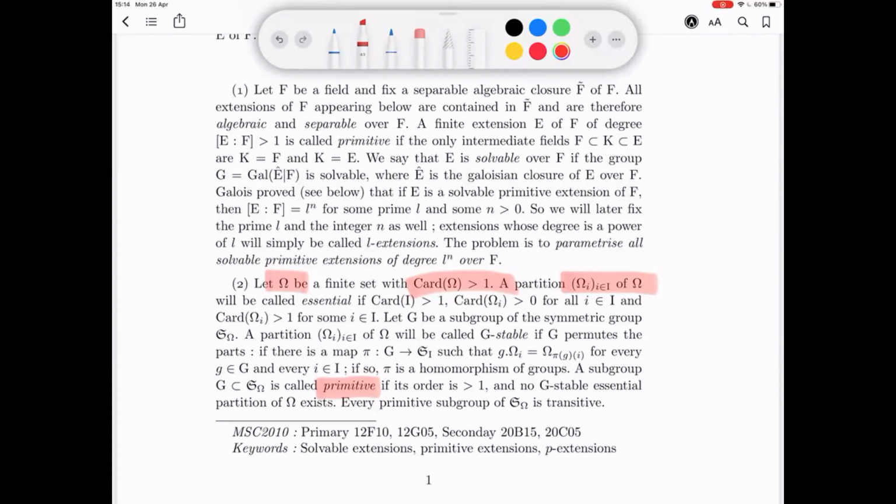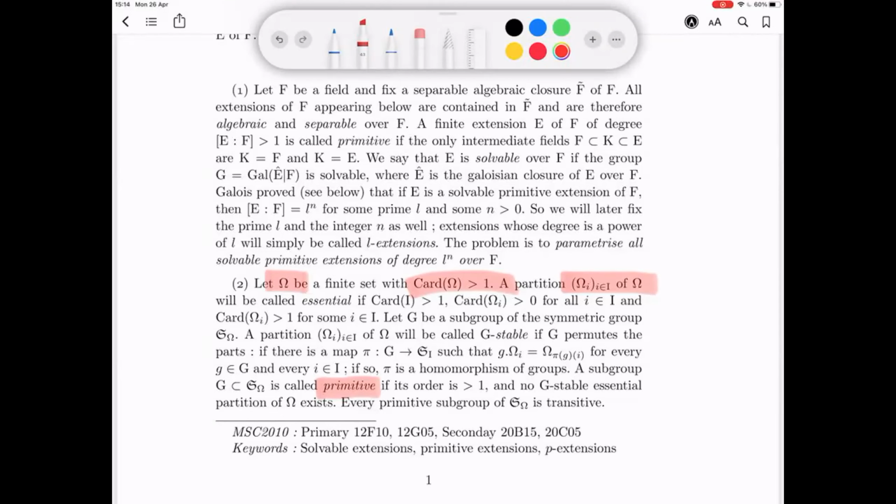So this partition is kind of trivial. There's another partition which can be considered to be trivial, in which the number of parts is equal to the number of elements in omega, and each subset is just a singleton, right?